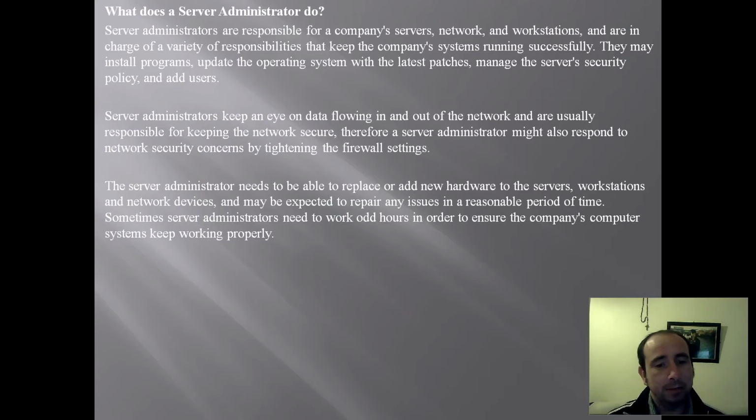The server administrator needs to be able to replace or add new hardware to the servers, workstations and network devices, and may be expected to repair any issues in a reasonable period of time. Sometimes server administrators need to work odd hours in order to ensure the company's computer systems keep working properly.